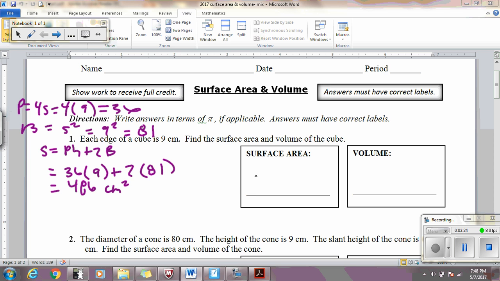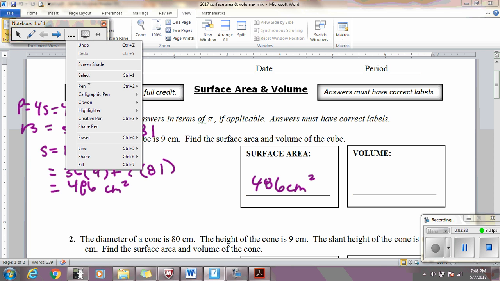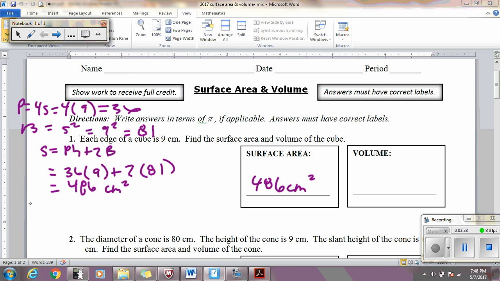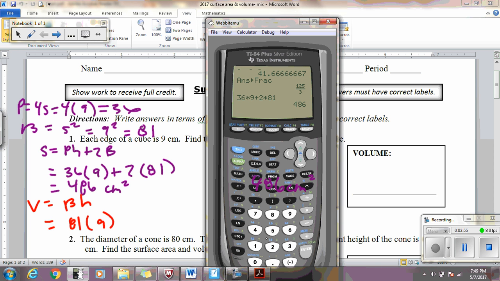So again, since it's area, make sure you square your units. Now let's talk about the volume. The volume of a prism is equal to B times H. B again was 81 and H is 9. So now 81 times 9 is all we need to calculate.